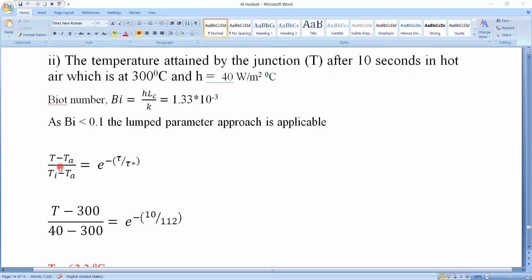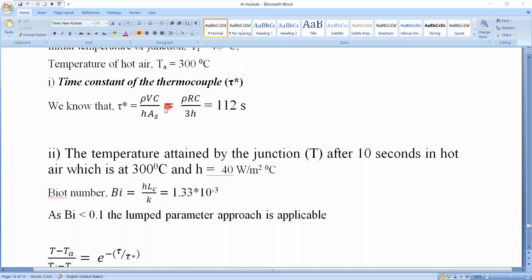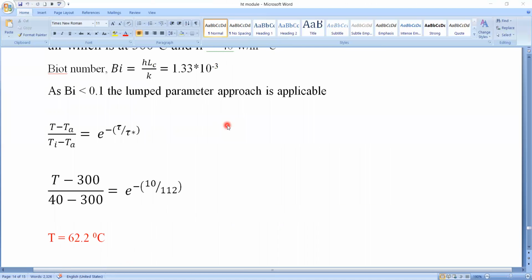Now use this formula: T minus Ta divided by Ti minus Ta equals e to the power minus tau divided by tau star, where tau star is rho Vc divided by HAs. Tau star we have already calculated, that is 112 seconds.